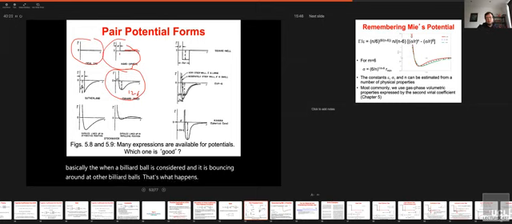And these are other types of potentials. This is the square well, which was very useful at the beginning of the simulations because it doesn't take much computing power to use this in simulations. And it's very similar to the hard sphere.